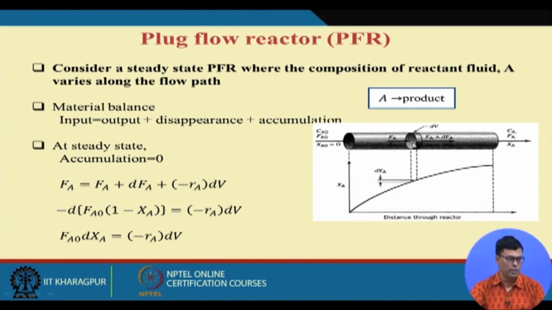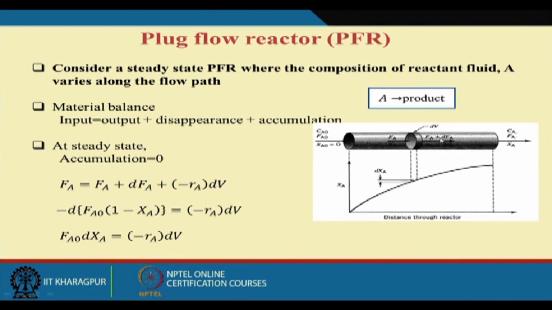Let us assume the volume of the segment is dV, and FA is the input, the moles of A entering the system, and whatever change there is, dFA. So FA plus dFA is what goes out of the system. Why is it plus?